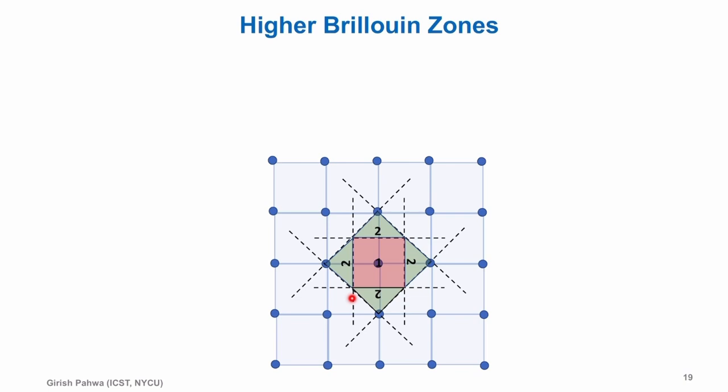Before we go to the third Brillouin zone, we will have to make more perpendicular bisectors. I have already connected this and this. Let's go to even higher neighbors. We have covered all of these neighbors. Now let me join this and this, that will give me this perpendicular bisector. This and this will give me this, this and this will give me this, and this and this will give me this.